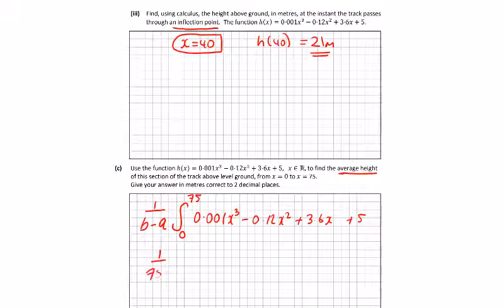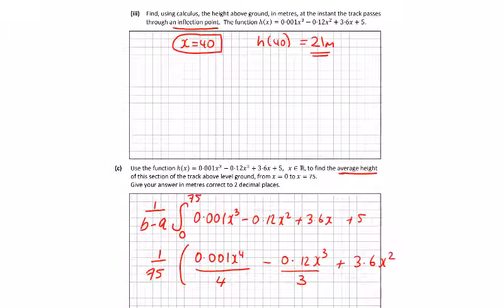So 1 over 75 times 0.001 x to the power of 4, raised to the power and divide by the new power, minus 0.12 x to the power of 3 over 3 plus 3.6 x squared over 2 plus 5x between 75 and 0.